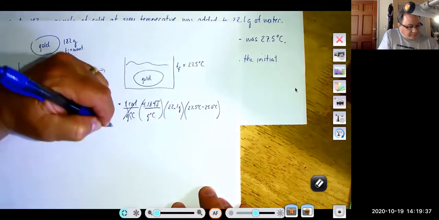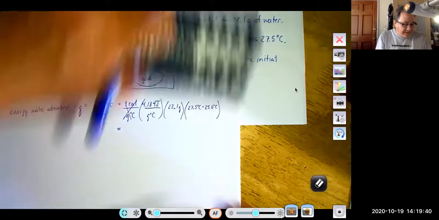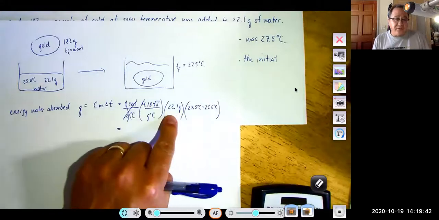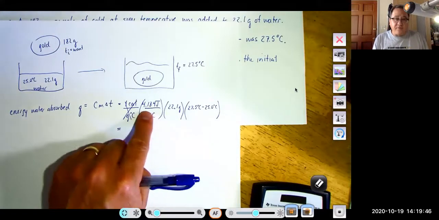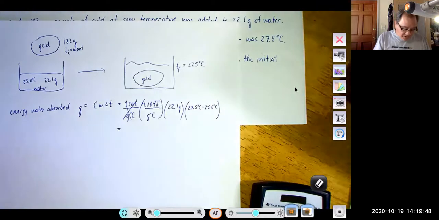And we can see that when we do the calculation here, we have basically 2.5 times 22, which should be around 50, and 50 times 4.184, which puts us a little over 200. So let's see what we get. 4.184 times 22.1 times 2.5.